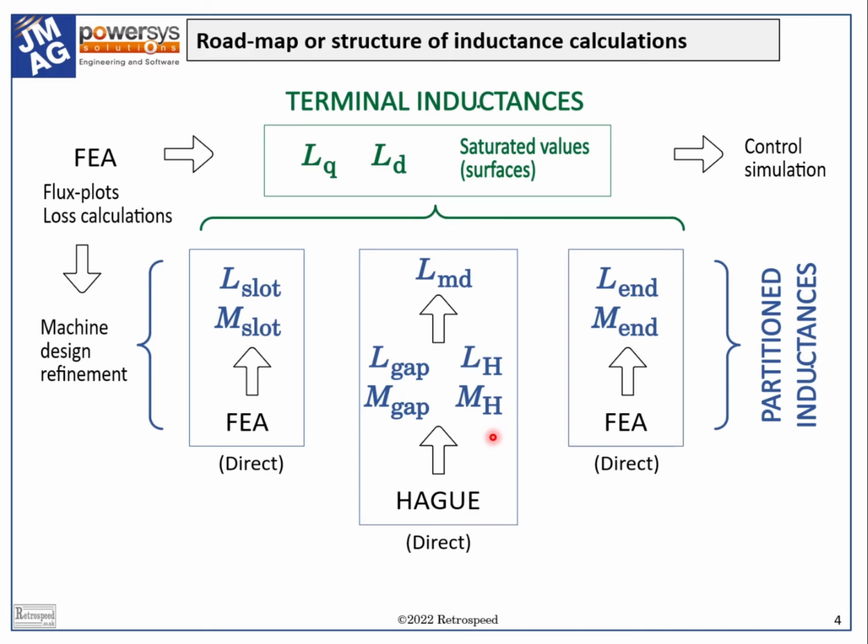A synchronous machine such as the IPM normally produces torque as a result of the interaction between the fundamental space harmonic of the air gap flux distribution, and the fundamental space harmonic of the armature ampere conductor distribution.